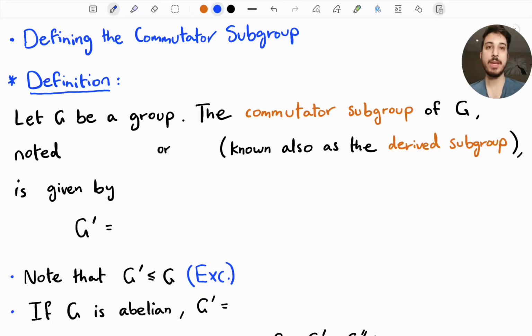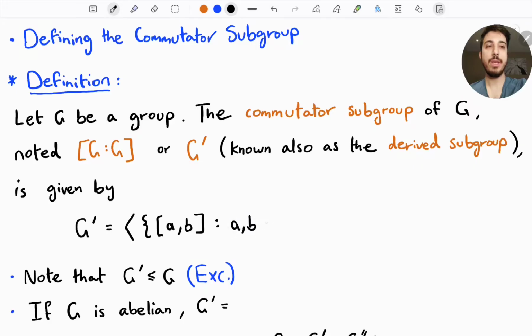So more formally speaking, let G be a group. The commutator subgroup of G, noted G prime, which is also known as the derived subgroup, is given by G prime, the subgroup generated by all the commutators [A, B] for all A and B in the group.